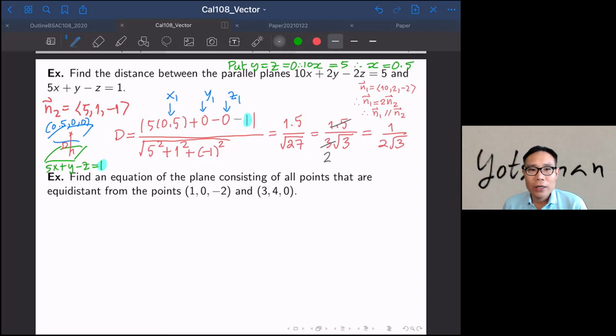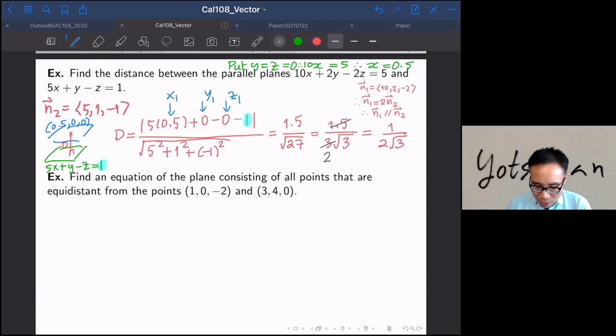Okay. The next one, you'd like to find an equation of the plane consisting of all points that are equidistant from the point (1, 0, -2) and the point (3, 4, 0). When you first read this question, you may think that it's going to involve the distance formula. However, it's not.